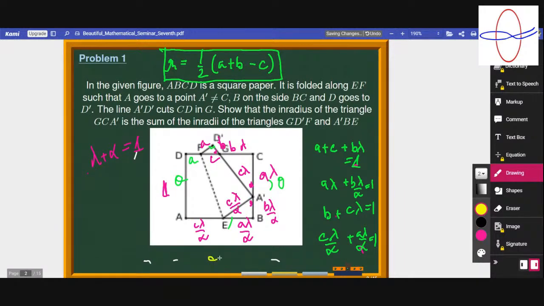So we got from here that C plus A into lambda equals alpha. We got this result from here. And here we got that C plus A is equal to 1 minus B lambda. But there should be something more interesting, right?